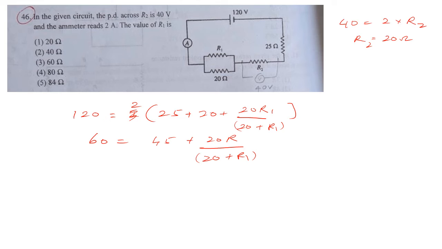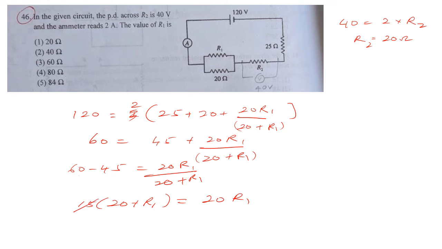So 60 minus 45 is equal to 20R over 20 plus R1. Here we have 15, and I'm multiplying both sides by 20 plus R1. So 15 into 20 plus R1 is equal to 20 R1.